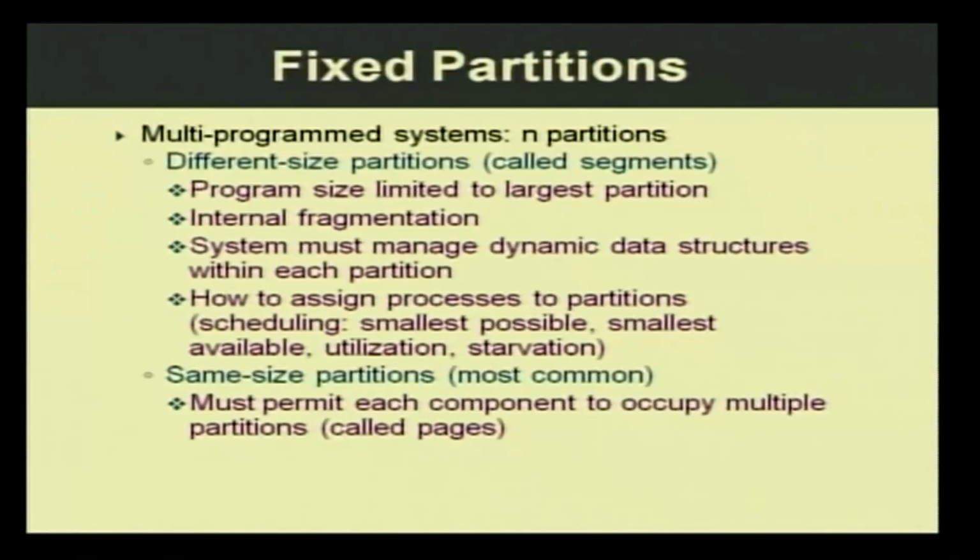Every segment is bound to have a minimum amount of memory, and at most it can go up to the entire limit of the memory space available. The program size is always limited to the largest segment available inside the operating system.